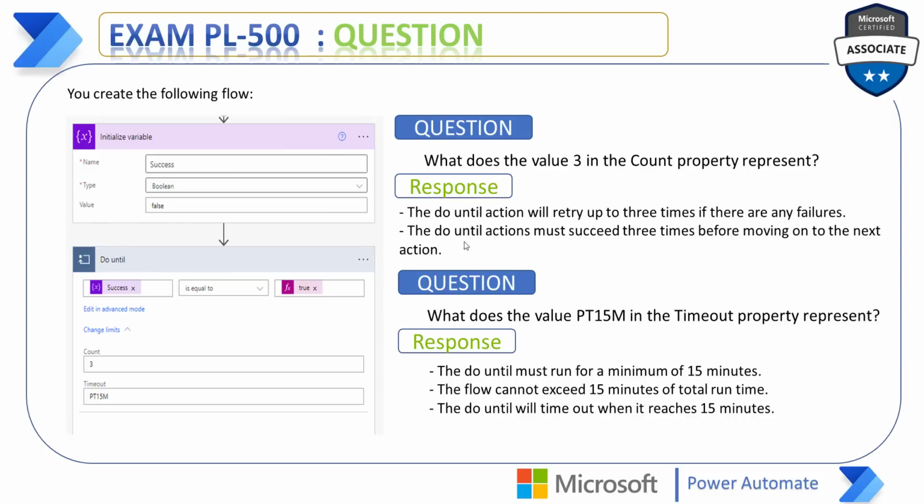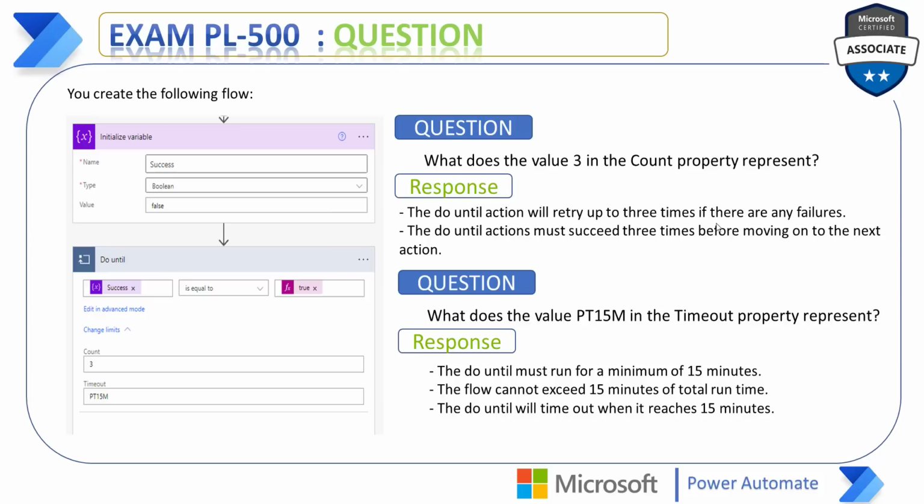The second response: the Do until action must succeed 3 times before moving on to the next action. As per our scenario, success is equal to true, but in our case it will always be false, so it will always fail. So what it is doing is retrying up to 3 times because of the failure.